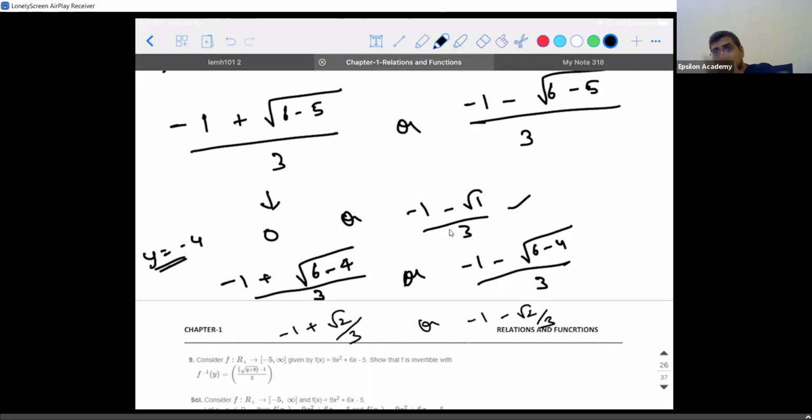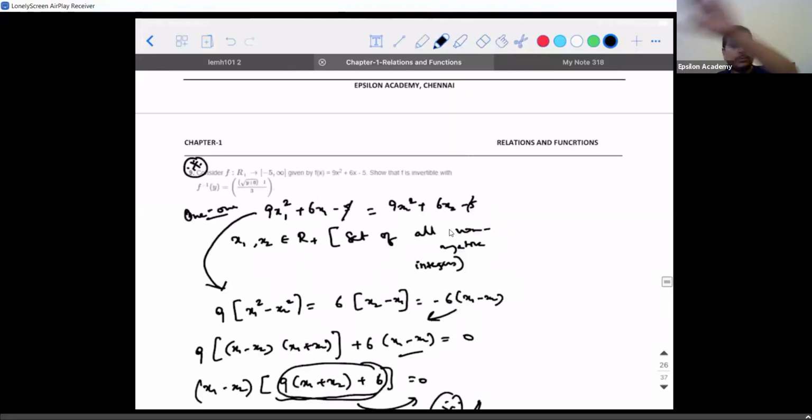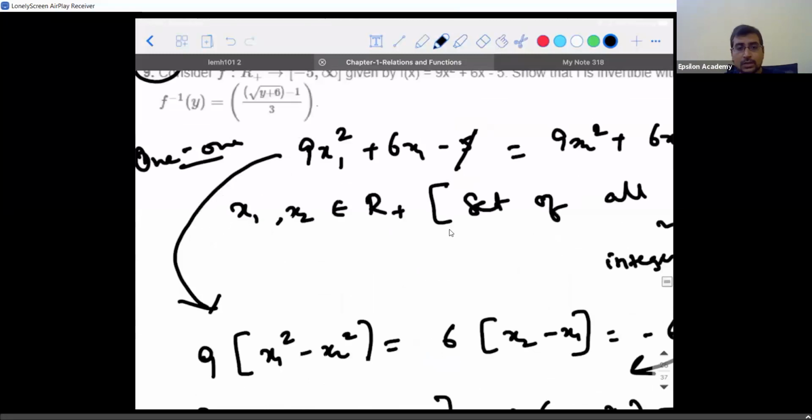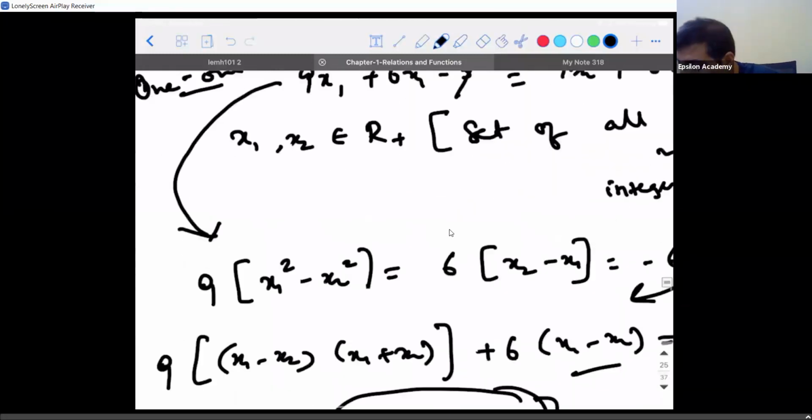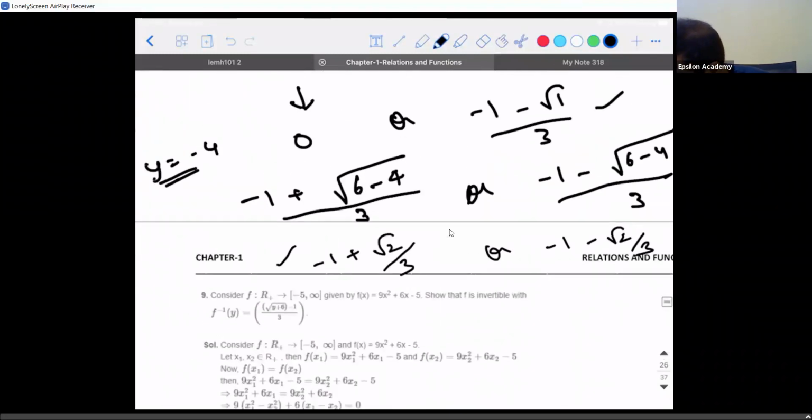So when I substitute a value from the codomain, according to this question, what am I supposed to get from the domain? Positive real number. Out of this one and this one, which one is giving me a positive value? (-1 plus root 2)/3.